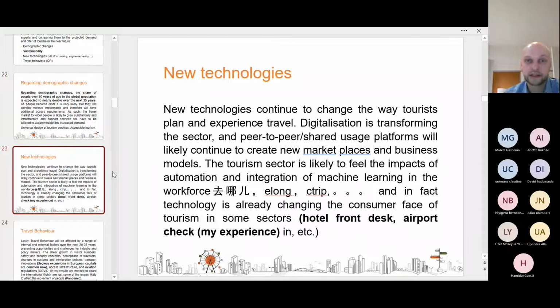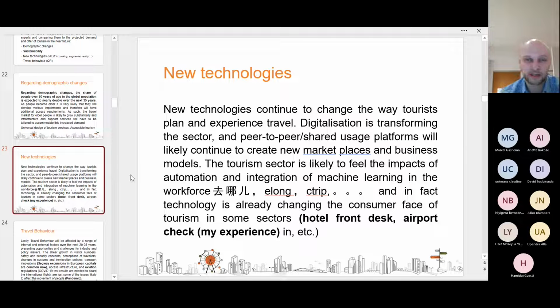The next is new technologies. They change the way tourists plan and experience travel or international travel. Digitalization is transforming the sector, and peer-to-peer shared usage platforms will likely continue to create new marketplaces and business models.